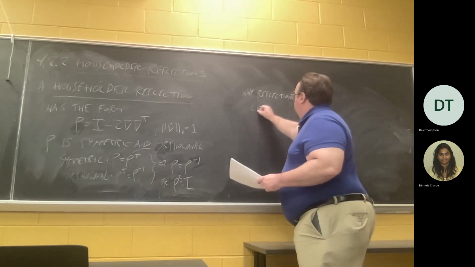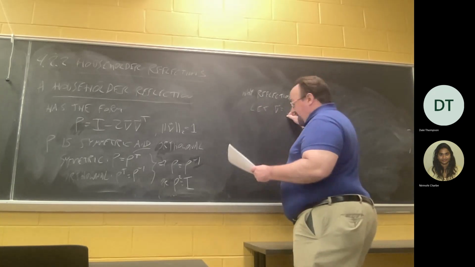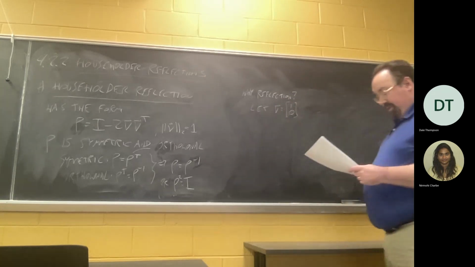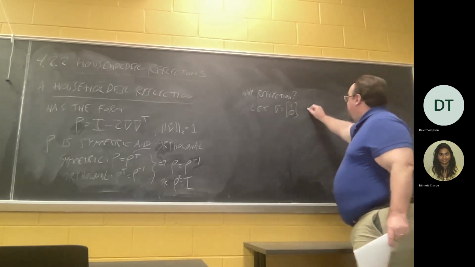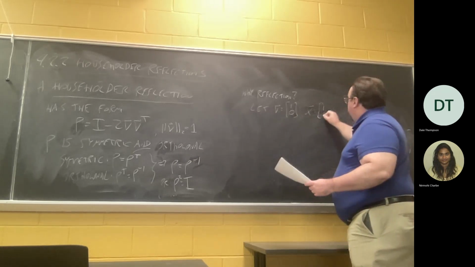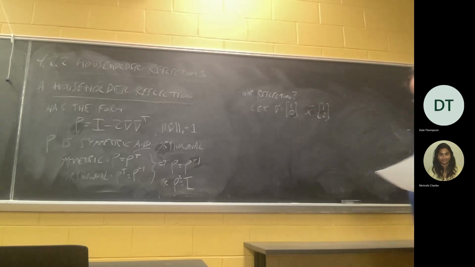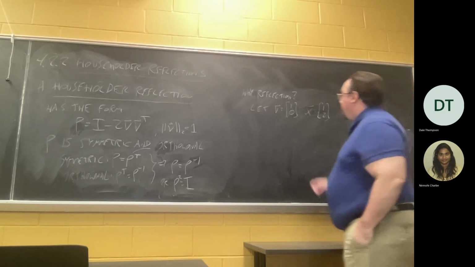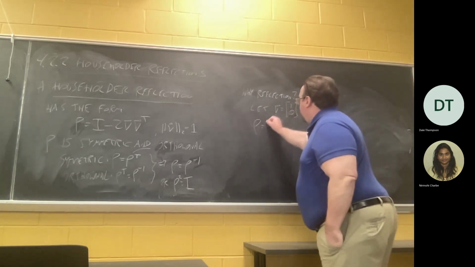I'm going to let V be equal to the vector (1, 0). And I'm going to let X be the vector (1, 2). So now I can work out what P is.